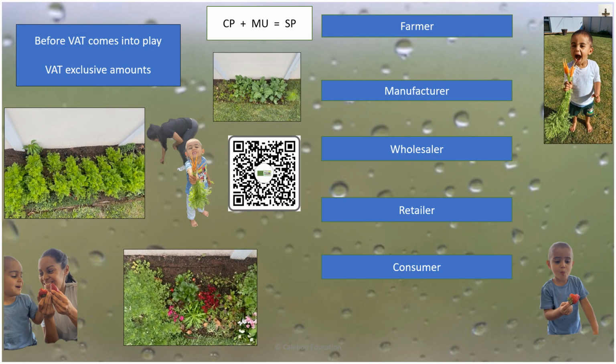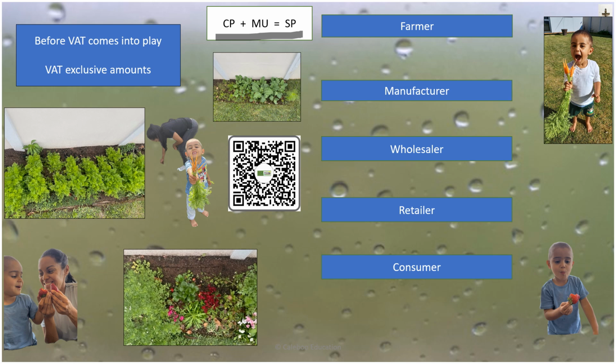I'm not going to spend too much time on this slide as I did this slide in the last video, but let me just recap. You've got this equation at the top here, cost price plus the markup is equal to the selling price.